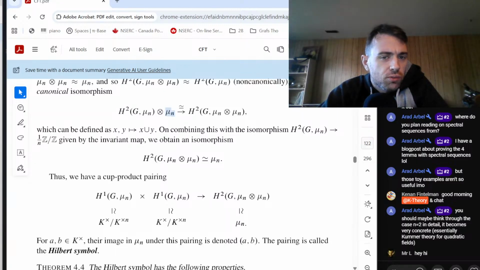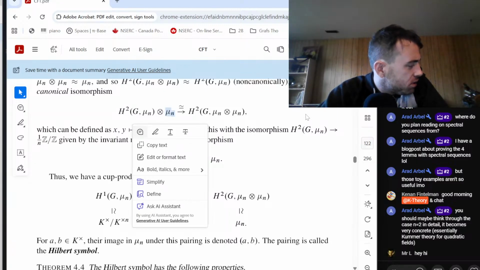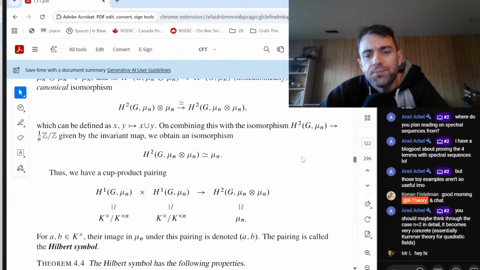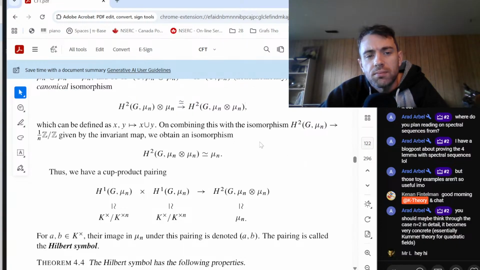Oh, because mu1 can be interpreted as some... I don't know. But on combining this with this isomorphism given by the invariant map, we then get an isomorphism of these things.